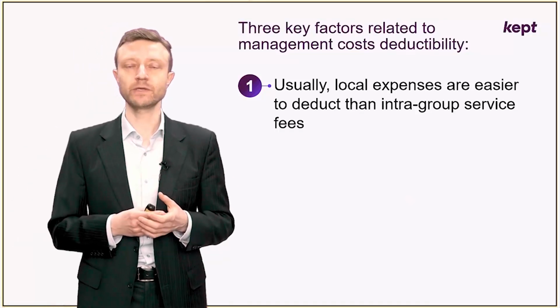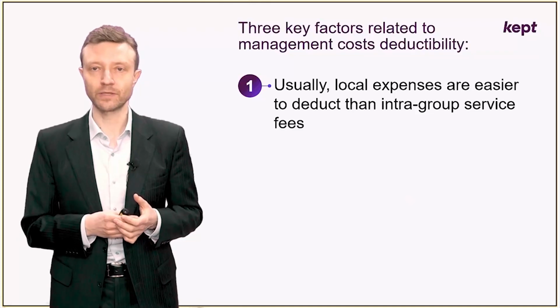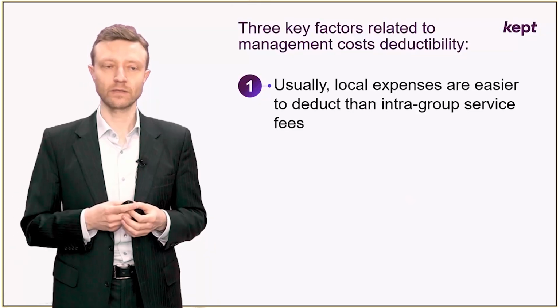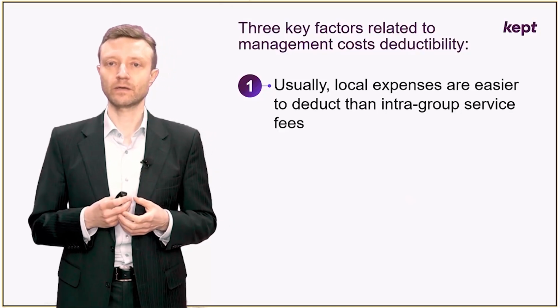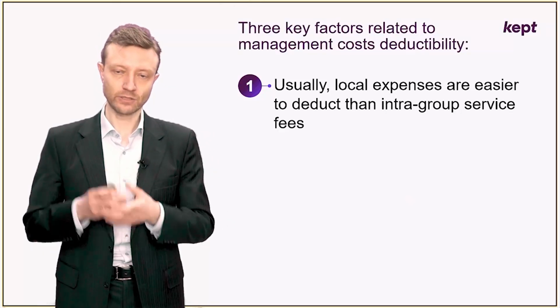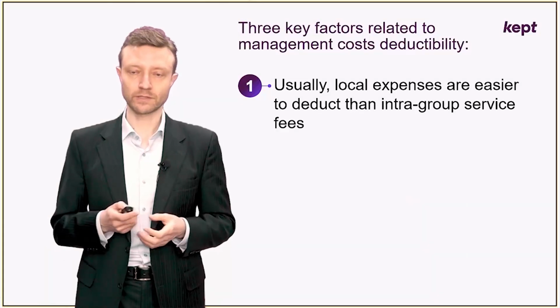So if there is a choice to employ locally or to employ in a management company, then local employment most likely, or in many instances, provides a tax advantage, at least in terms of deductibility or non-deductibility risks.